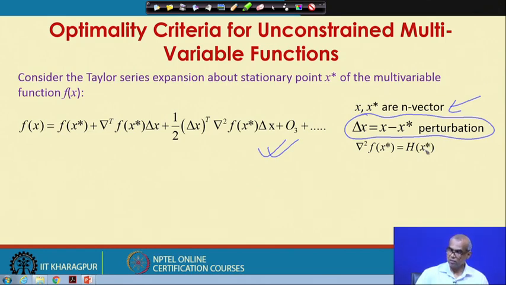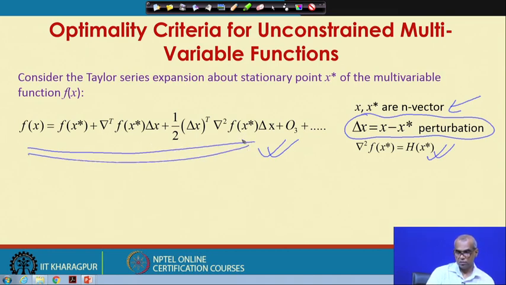Also note that del square f evaluated at x star is nothing but Hessian evaluated at x star. So, this is nothing but the Taylor series expansion of a multivariable function, it is in vector form.